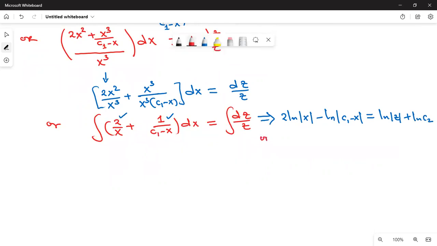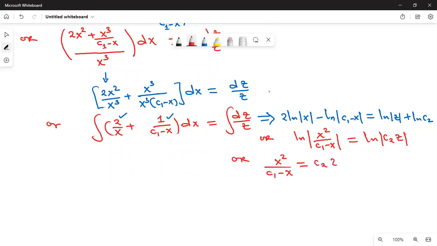This solution can also be written as, when we apply laws of logarithms, ln of x squared over c1 minus x is equal to ln of c2 times z. And so when you take exponential on both sides, we are going to get x squared over c1 minus x is equal to c2 times z.